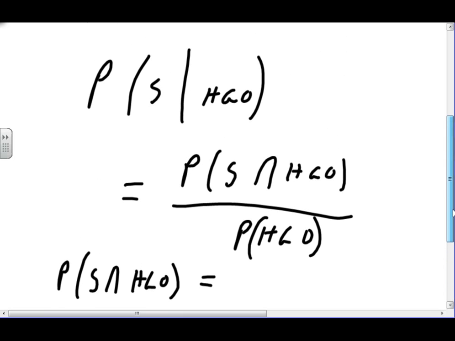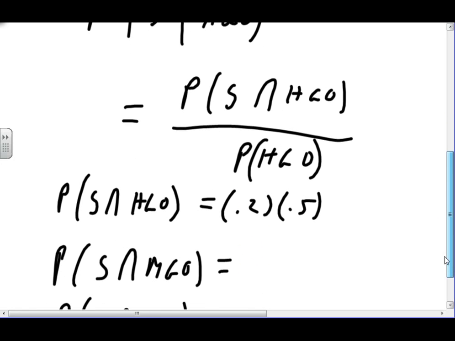And so the probability of soil given high-grade oil times the probability of high-grade oil, 0.2 times 0.5.